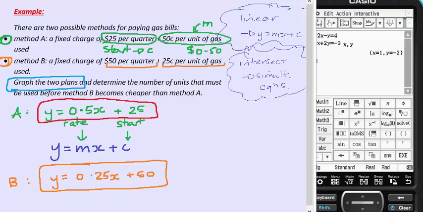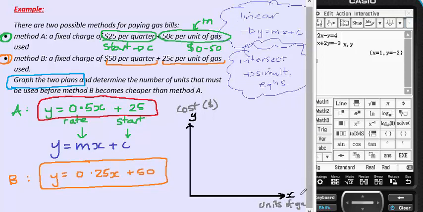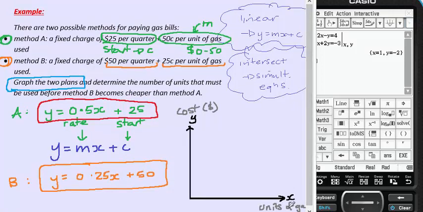So let's do that. So now here are my perfectly drawn axes, and of course I will label them. So I'm going to call it y and x. If I wanted to, of course, I could say y was going to be my cost in dollars, and x is my units of gas. So I could do that to make it correct as well.